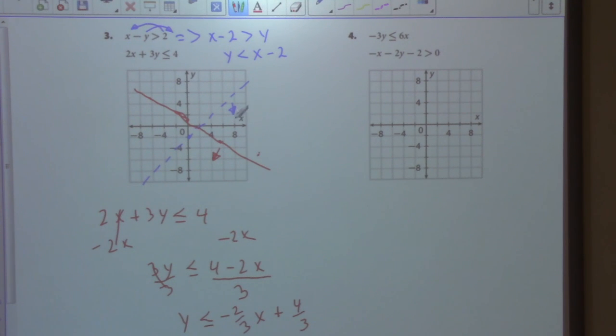So we're shading down below here, right? So they end up both being less than, right? So I'm going to take this arrow here and put it down here. So what area gets shaded? This area right here.